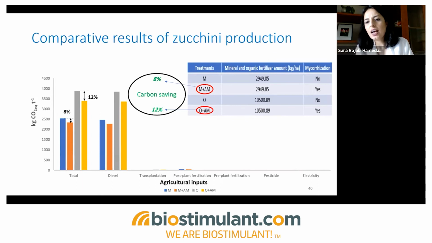In fact, mycorrhization improved the efficiency of resource use, for example fertilizer, which has a direct connection with controlling carbon emission. In case of process contribution, diesel that's mainly used for greenhouse heating was the main contributor to the total carbon footprint.